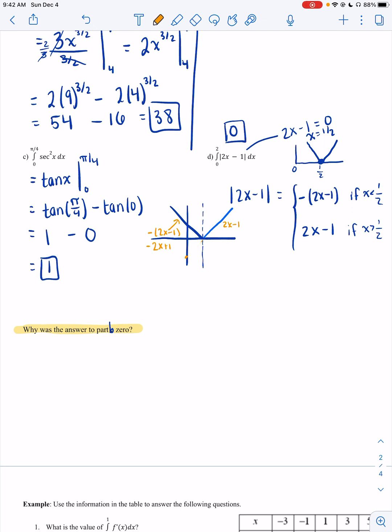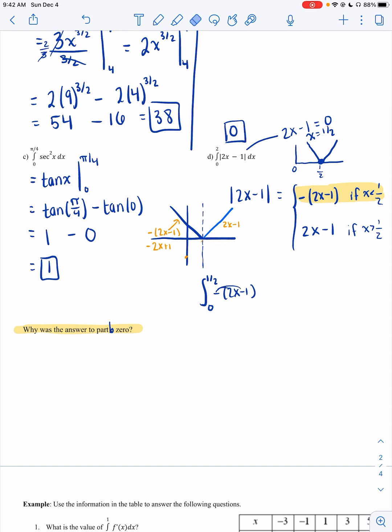Instead of integrating from 0 to 2 all at once, we're going to integrate the top half from 0 to 1/2. So we rewrite our integral as the integral from 0 to 1/2 of negative 2x minus 1, which I would just distribute.